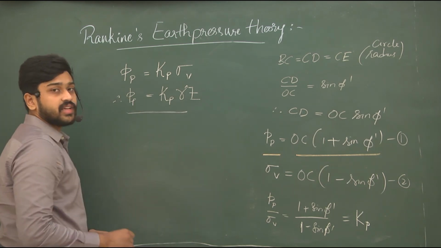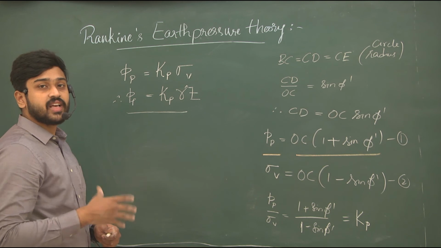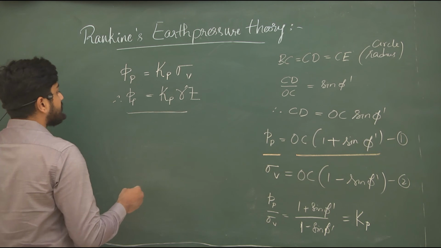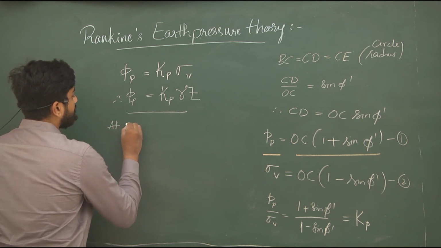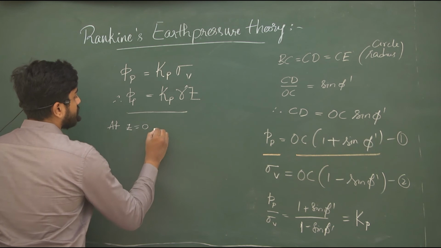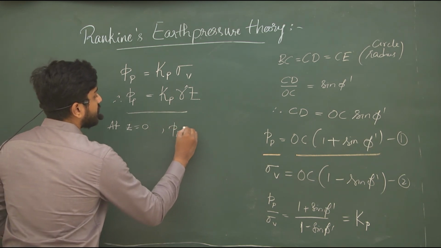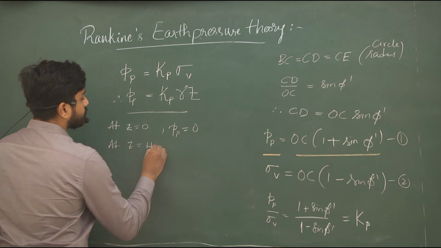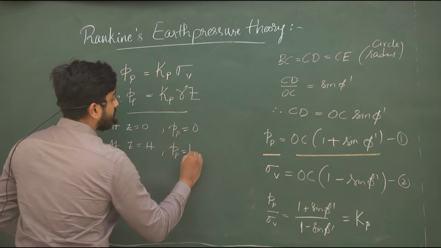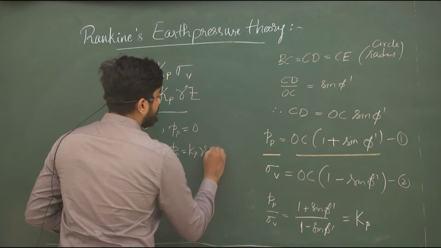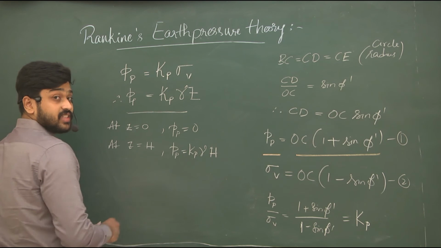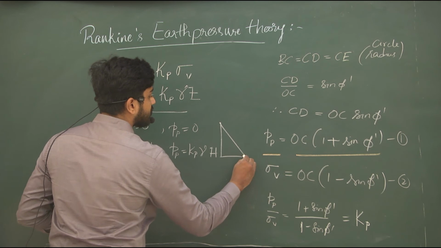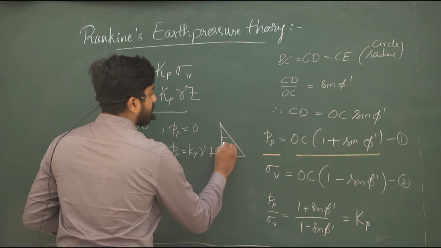For this particular case, if you look at the stress diagram, the stress diagram will also be similar. The only difference is at depth Z equal to 0, PP will be 0, and at depth Z equal to H, PP will be Kp gamma H. Okay, so that means the stress distribution diagram here also is a triangle.